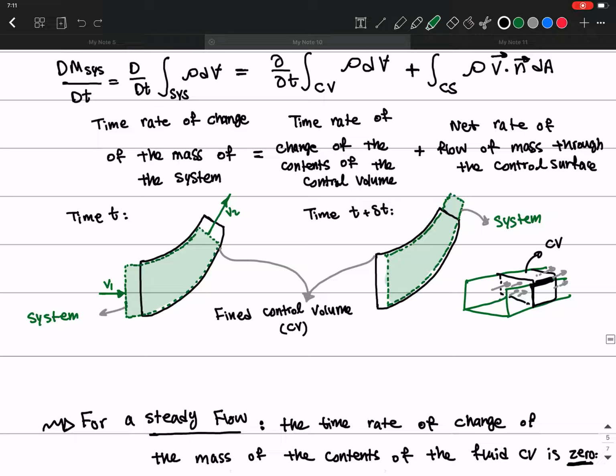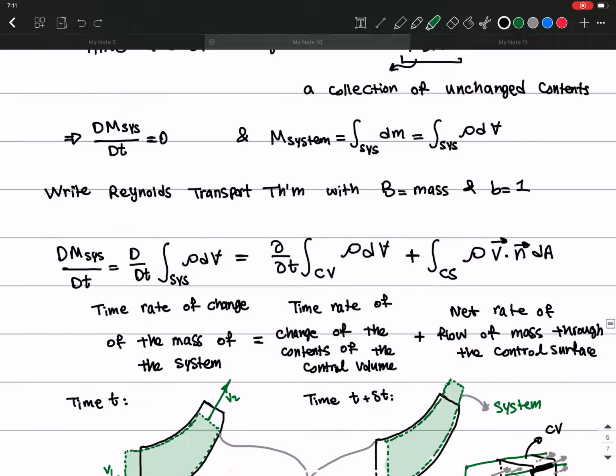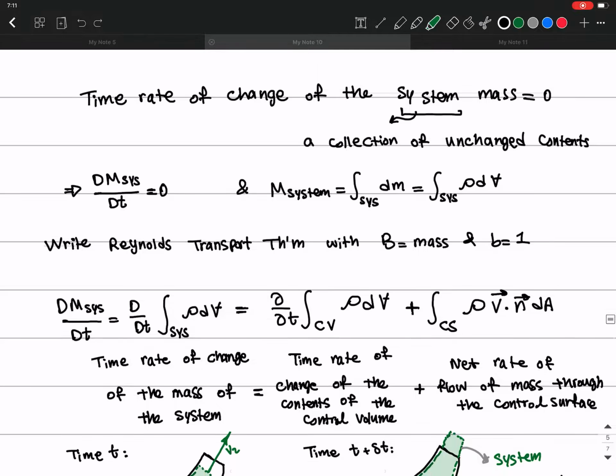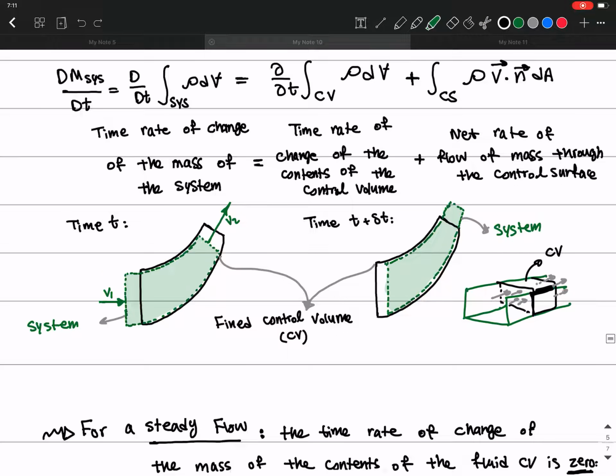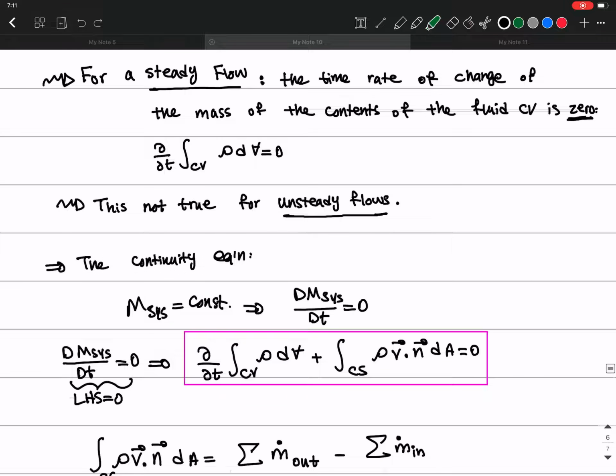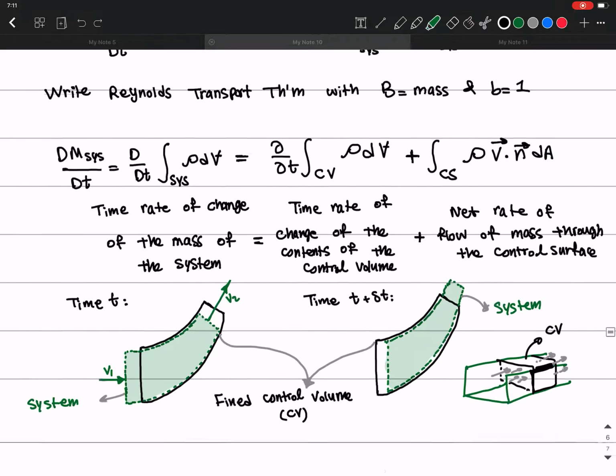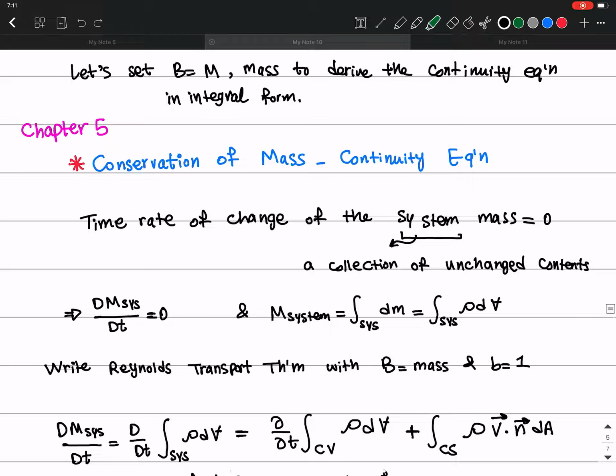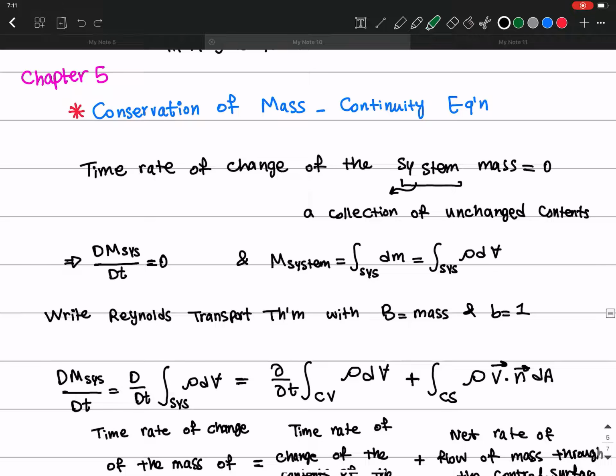So the time rate of change of the system mass is going to be 0. And as I said, that is because the mass of the system is constant because it's unchanged contents, right? So if you take the derivative of that with respect to time, that should be 0, right? So this is what, in short, the conservation of mass states.